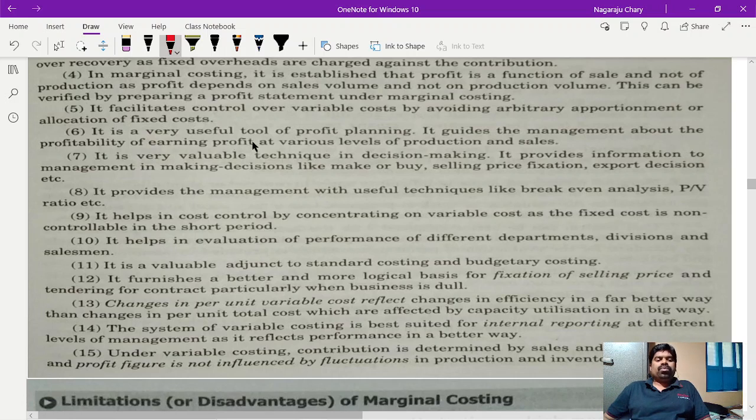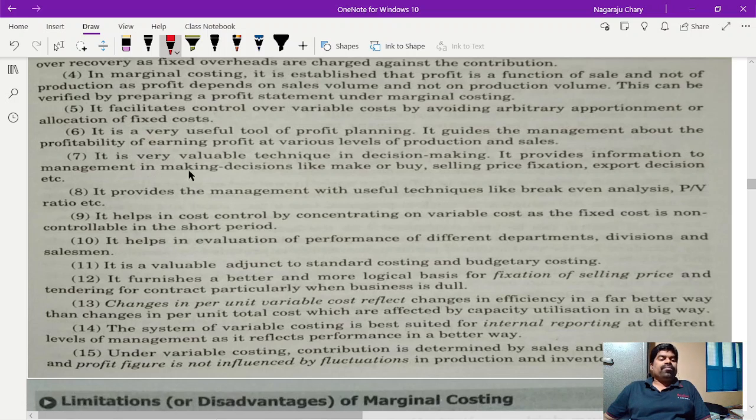It is a very useful tool of profit planning. Yes, it is very easy to plan. It guides the management about the profitability of earning profit at various levels of production and sales. So in this marginal costing, profitability at various production levels and various sales levels can be easily known.